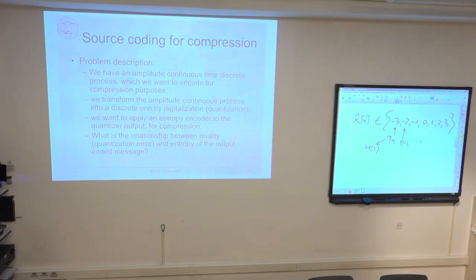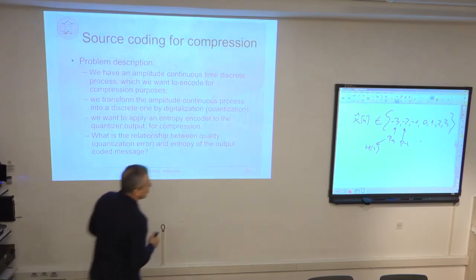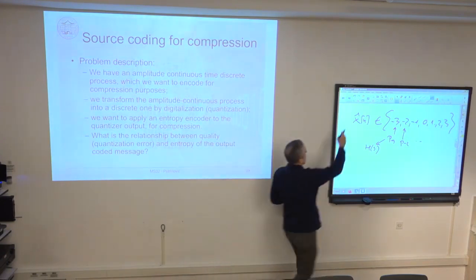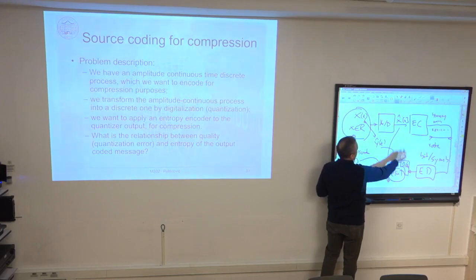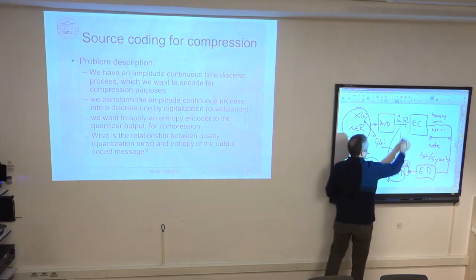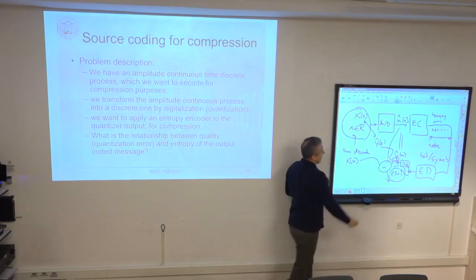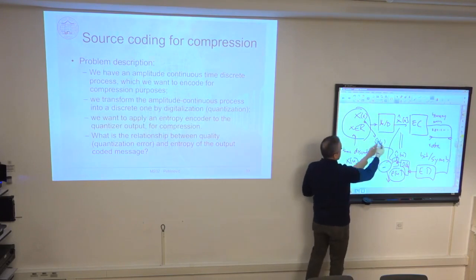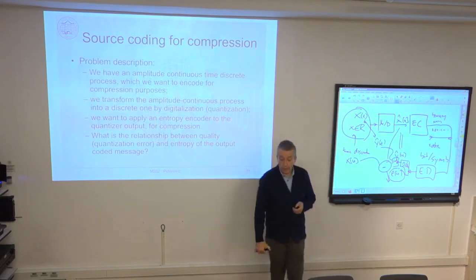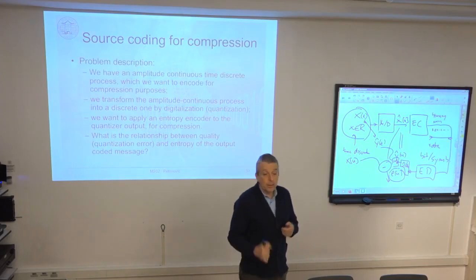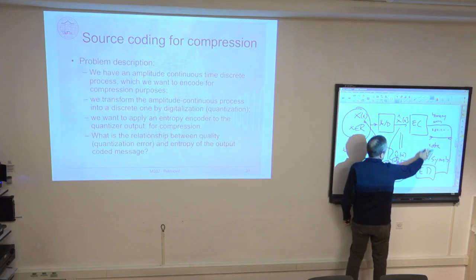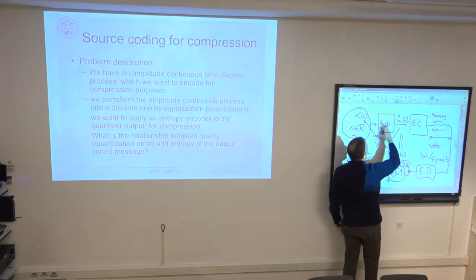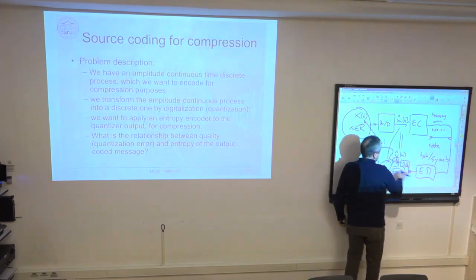Okay? But in the case that there are no losses in the transmission, on the decoder side, I would get exactly the same message here. This Y hat of n would be the same as X hat of n. I can easily reconstruct this with Y hat of t, but more or less all of this is transparent. So the only error is introduced in this part, AD and DA.